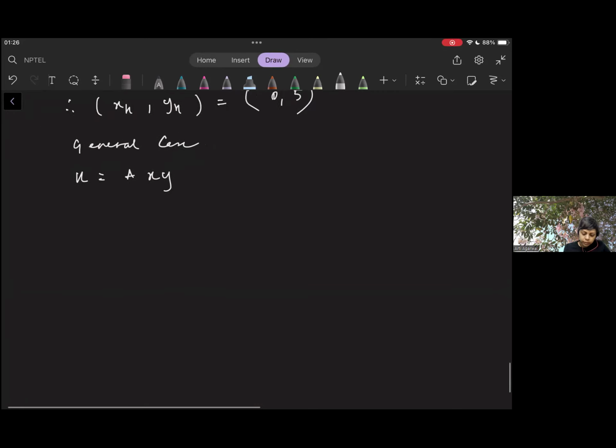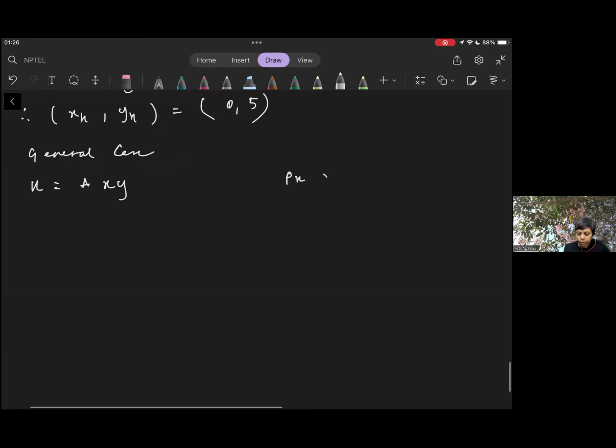And prices are as usual px and py. Okay, and here I've taken the exponents as one, just so we can make our lives a little bit easier. But you will take the same approach if you want to do something like a Cobb-Douglas function or some other function. Okay, and E is equal to x px plus y py.